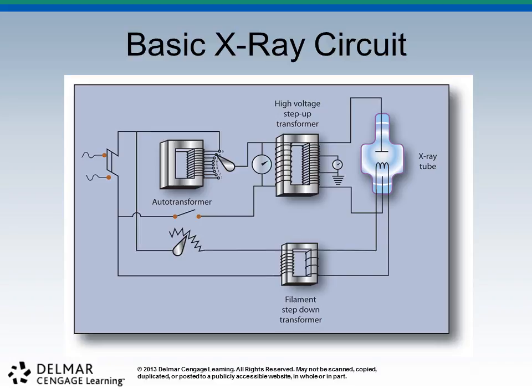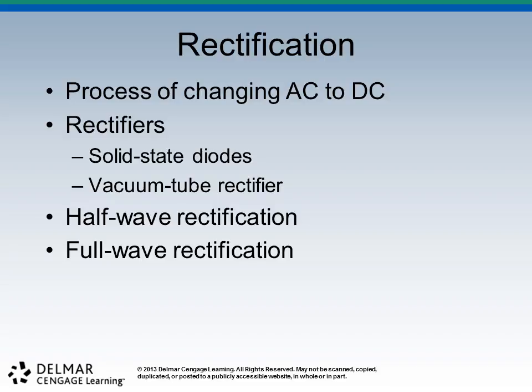We have to have AC in order to make these transformers operate. All three of these that you see here in this circuit have to have AC current. But the X-ray tube does not like AC. It is a unidirectional tube, so it wants to have DC.